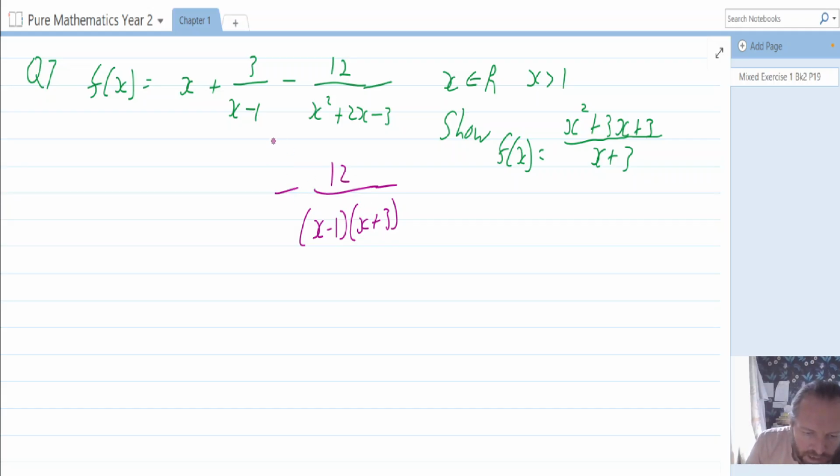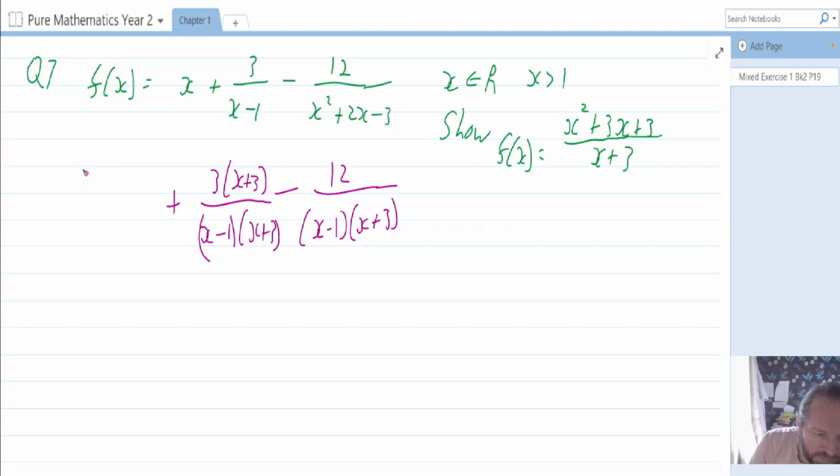So for this 3 over x minus 1, we just need to do 3 times x plus 3 on the top, and the bottom can become x minus 1 times x plus 3. And then for the x over here, it will need to be multiplied by everything.